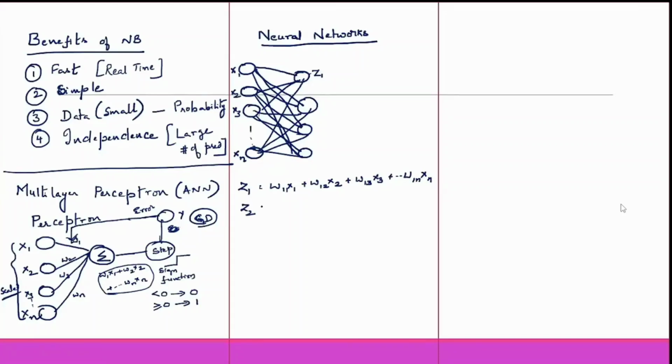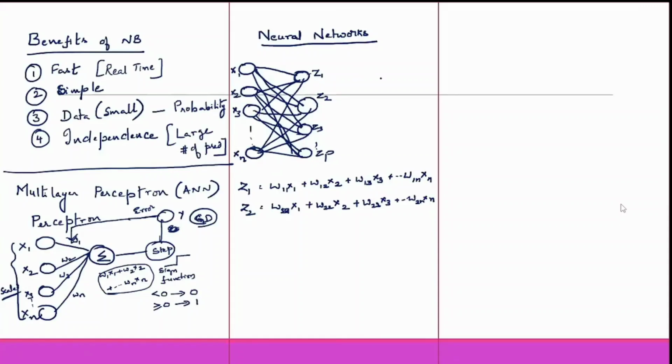Z2 is also having a different set of weights: W21X1 plus W22X2 plus W23X3 plus and so on, W2nXn. So what is happening at each node? Let's say this could be Zp. So there are P nodes in this hidden layer.